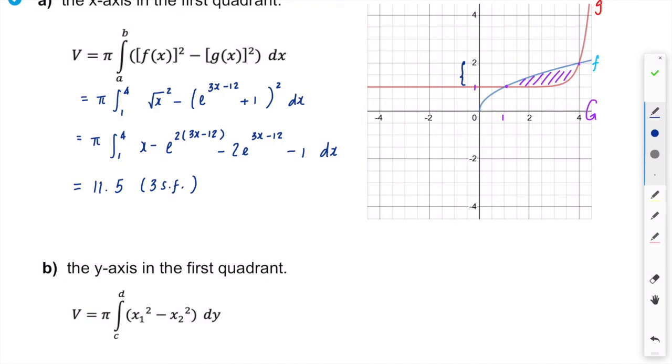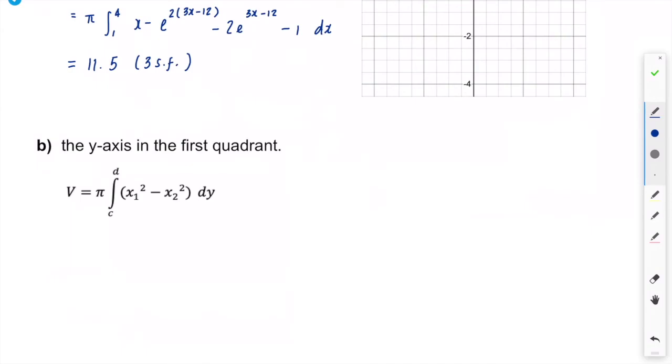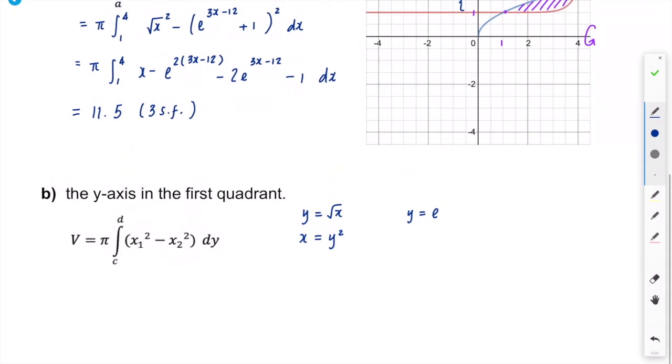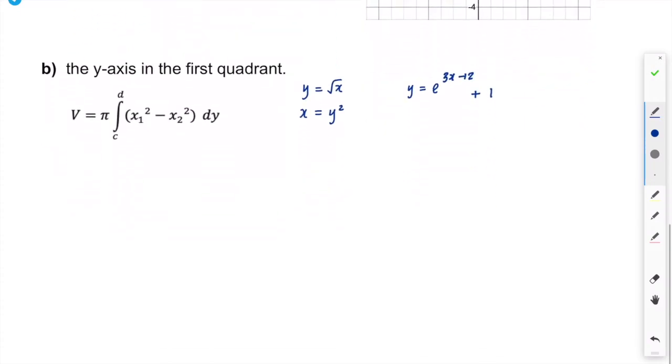All right, so let's write on the side maybe. If I have y equals square root of x, then the function should be x equals y squared. And if I have y equals e to the power of 3x minus 12, plus 1, what is this in terms of x?